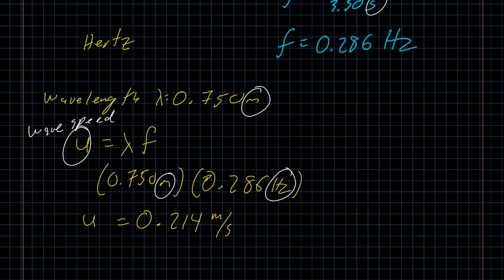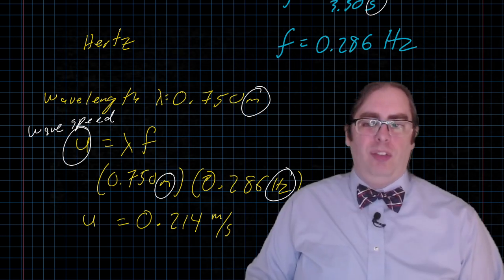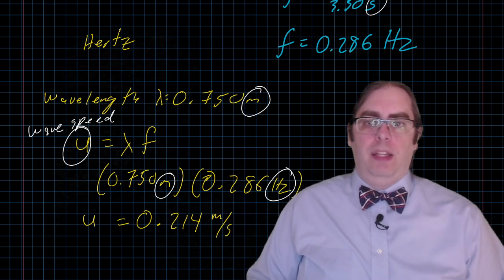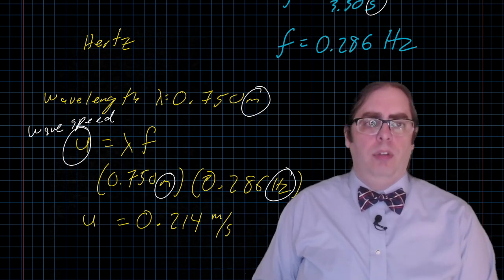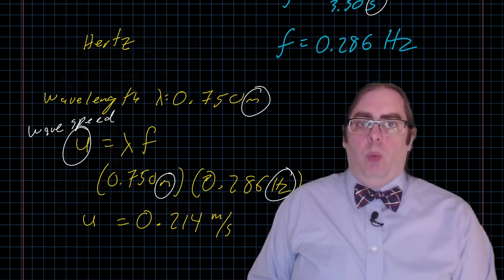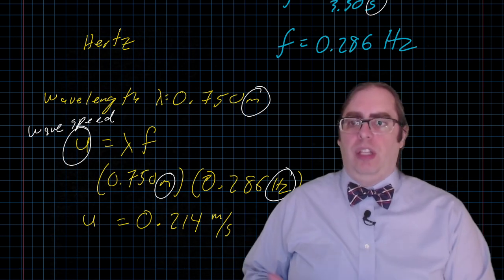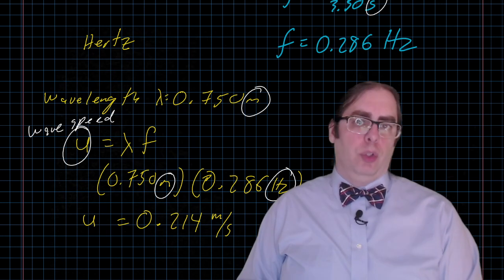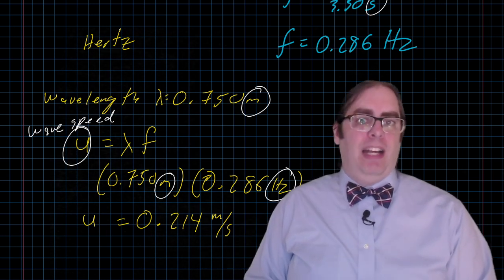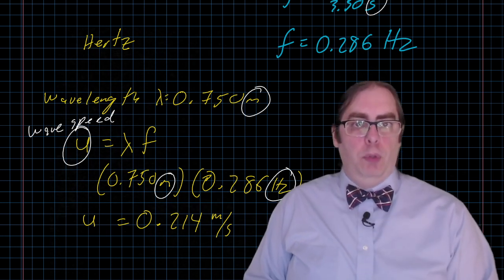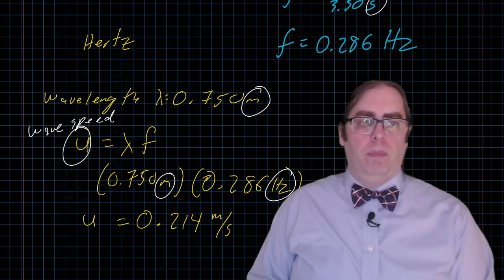The variable we're going to use for speed in this case is u, because again, it's not physically an object moving. So it doesn't quite make sense to use the same v for speed that we've used for everything else. In fact, one of the interesting things to analyze when you're looking at a wave is how fast an individual particle is moving as the wave goes through.